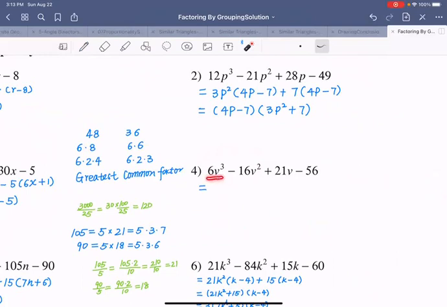These 2 terms, you want to take out 2 times v squared, right? Yeah. Times who? Times 3v. Very good. Minus 8v.